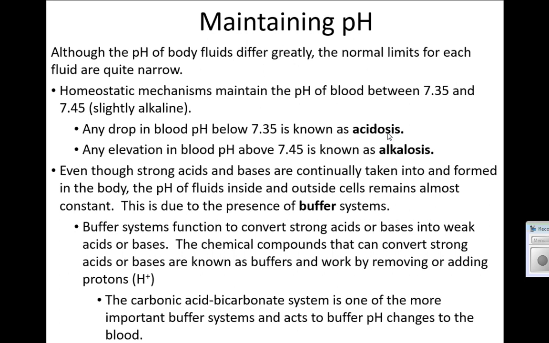Anybody have a guess as to which two systems are most responsible for maintaining pH? We have 11 systems: endocrine and nervous, cardiovascular, lymphatic, reproductive, urinary, respiratory, digestive. Urinary would be one, wouldn't it? Urinary is one.